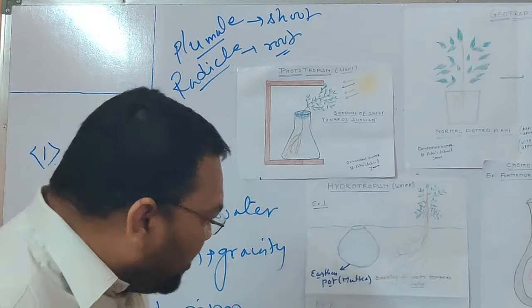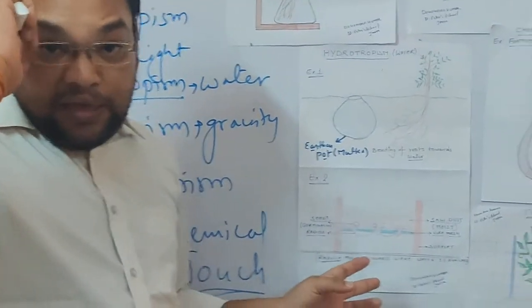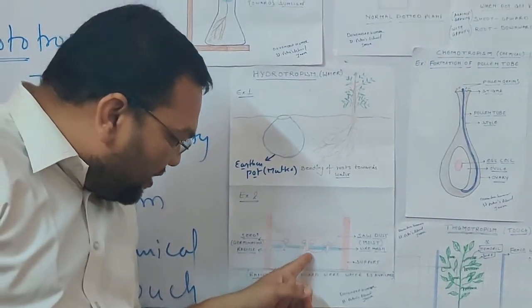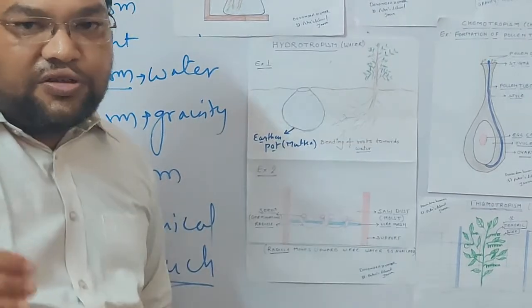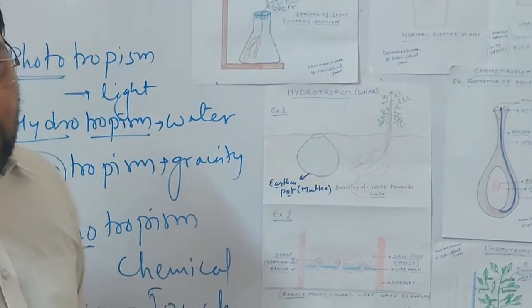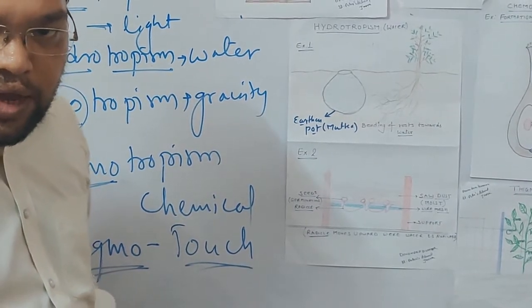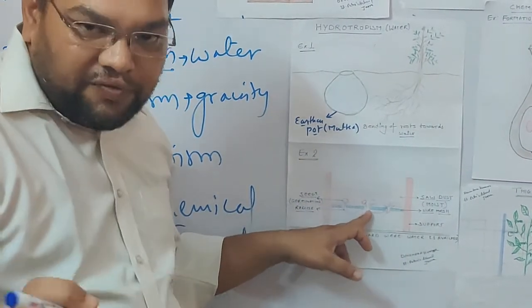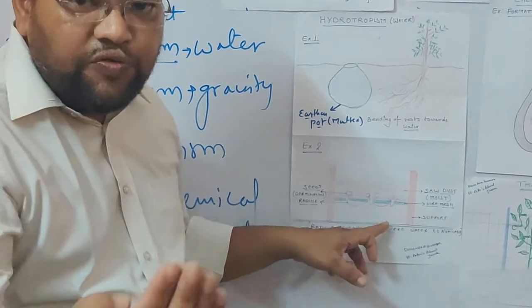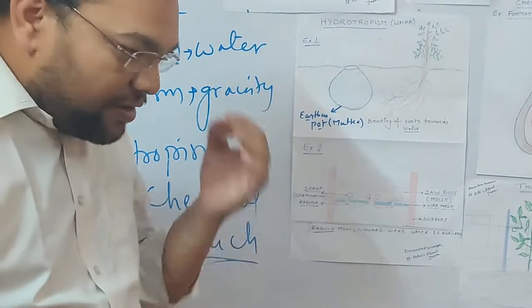Here the radicle appears, and when it appears, it first goes down. And again after some time, this radicle starts moving up. Now why is it so?